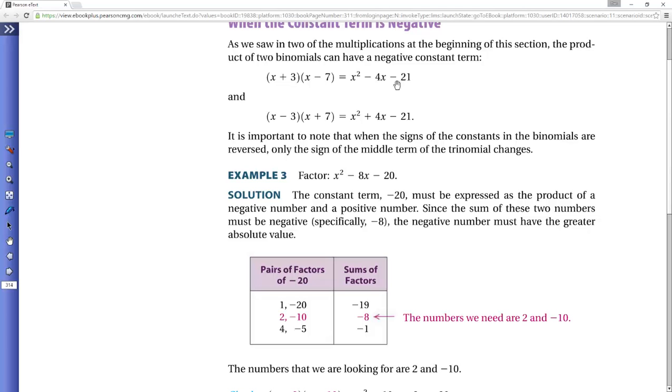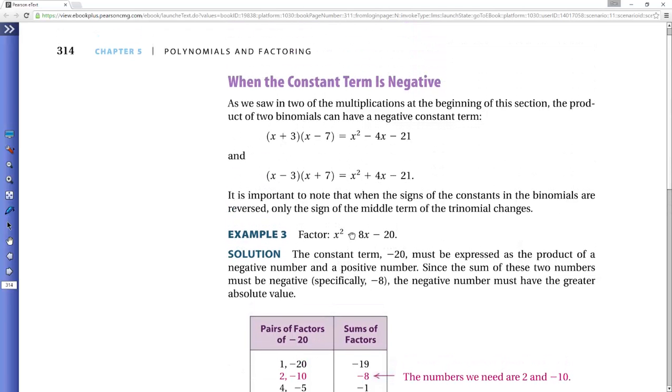Even though it's subtraction, terms are parts of an addition. So this is really plus negative 21. To get a negative 21, 1 and negative 21 are factors, negative 1 and positive 21, 3 and negative 7, and negative 3 and 7 are possible factors there.